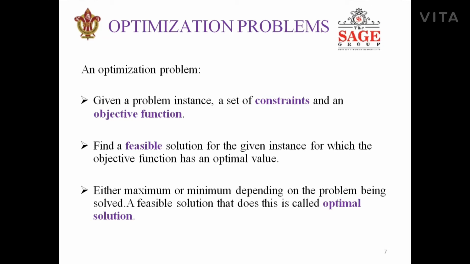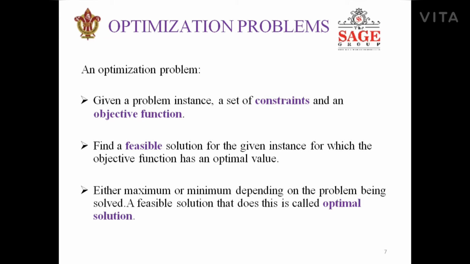For example, if we want to find the best student in the class, then we are looking for the student who has the maximum marks in the exam, or the student with the highest marks in the RGPV exam.